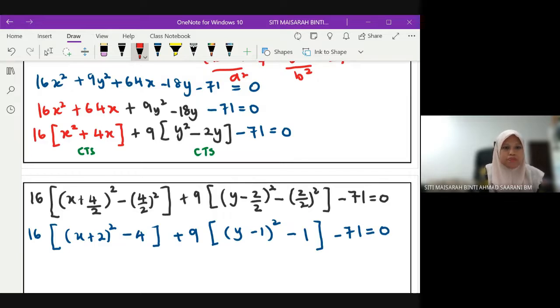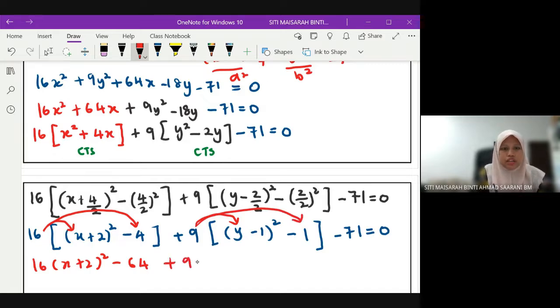So untuk case part ni awak kena expand. So expand yang ni lah. So the first one is 16 times x plus 2 square minus 16 times 4 is 64. Then 9 times y minus 1 square, become plus 9 times y minus 1 square minus 9 minus 71 is equal to 0.